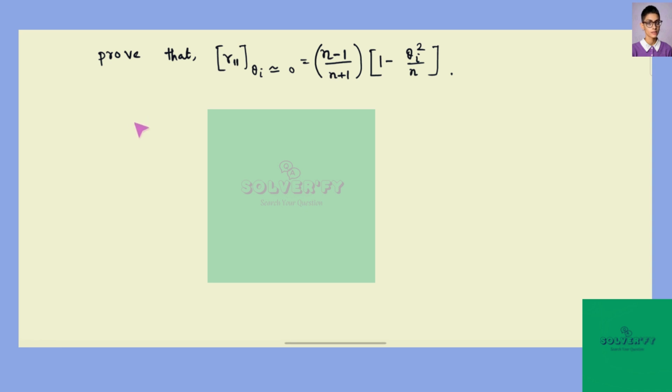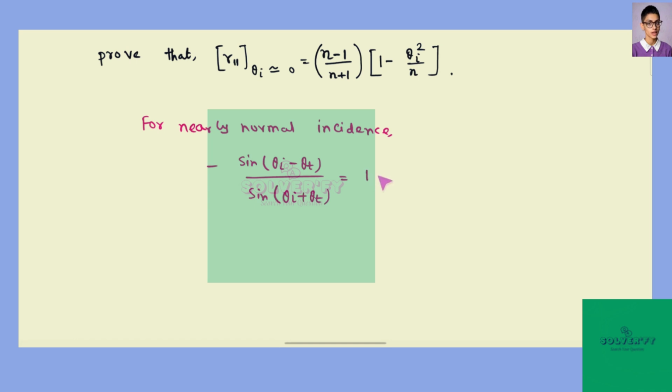So following the previous problem, for nearly normal incidence, we got minus of sine (theta I minus theta t) by sine (theta I plus theta t), which can be written as (n minus 1)/(n plus 1) multiplied by (1 plus theta I square by n).